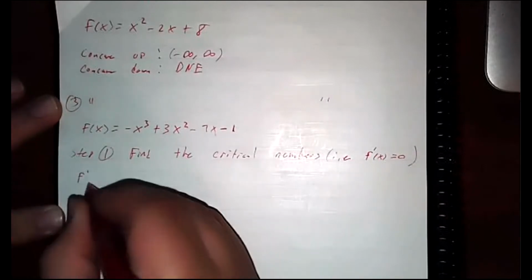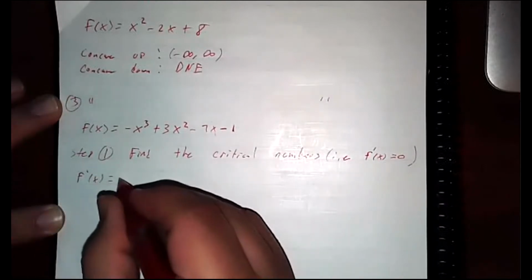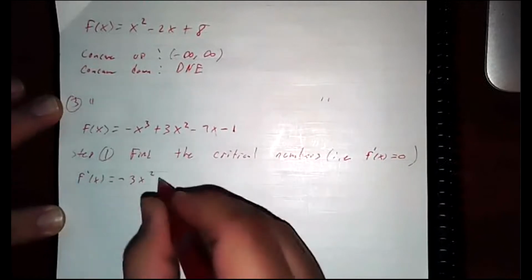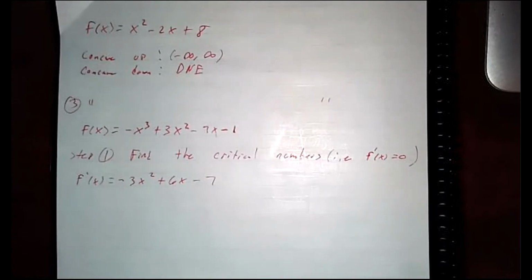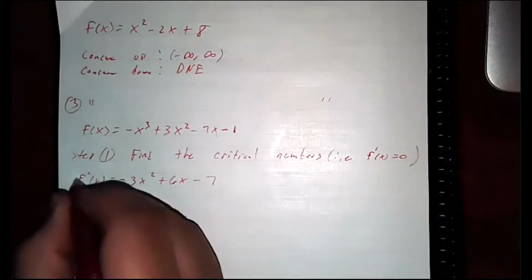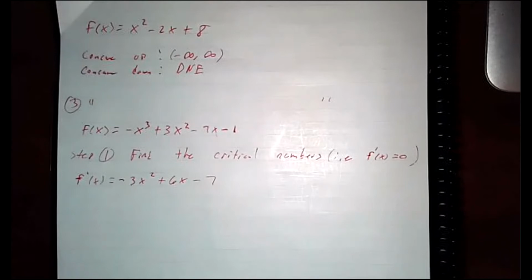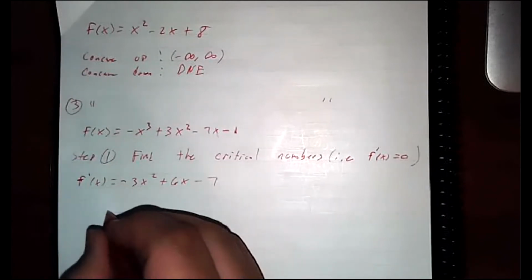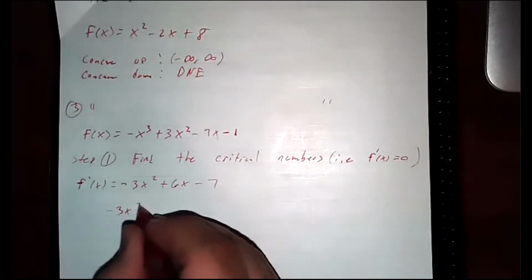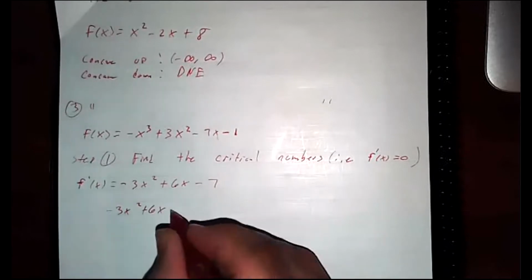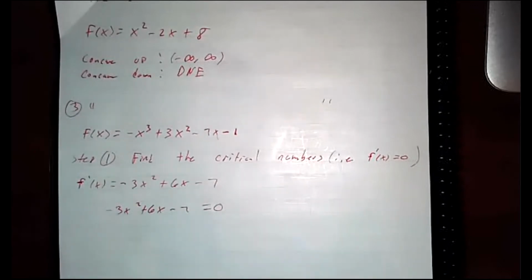So f prime would be negative 3x squared plus this, right? Okay, so set it to 0. Factor this guy.